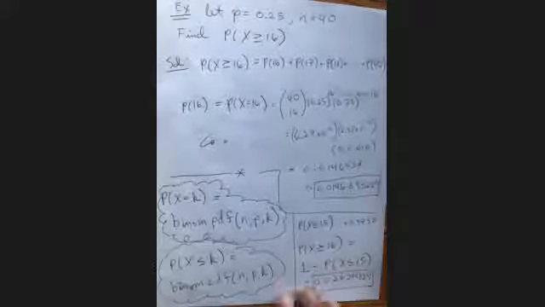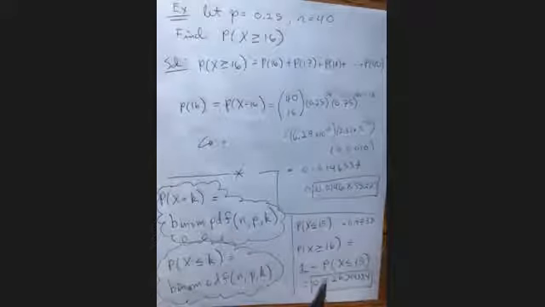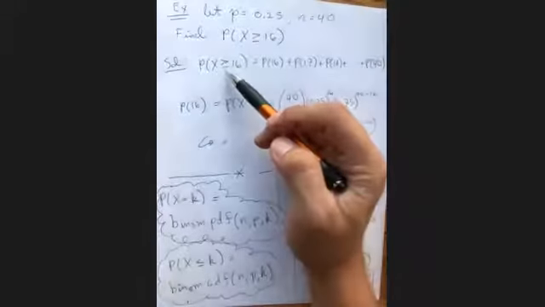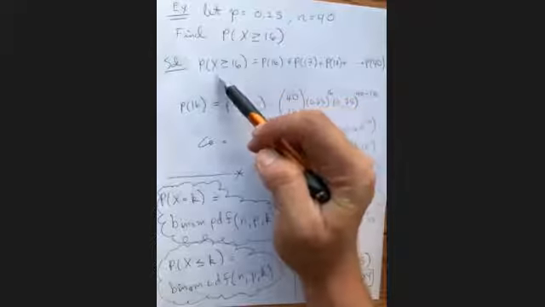So I'm not even going to try to confuse you by showing you other ways. This is the best way to do one of these sort of problems. So this is an at least probability, at least 16 successes. To do an at least probability, remember, the best way is to use the complement rule. And this is the way that you use the complement rule in this context.